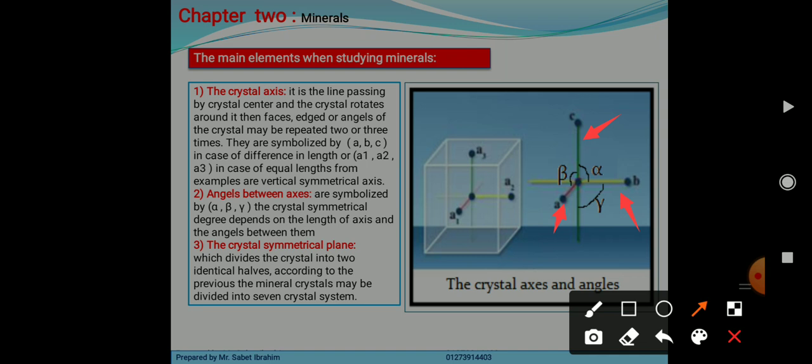They take the symbols A, B, and C. But if they have the same length, we give them the symbols A1, A2, and A3. These are the crystal axes.